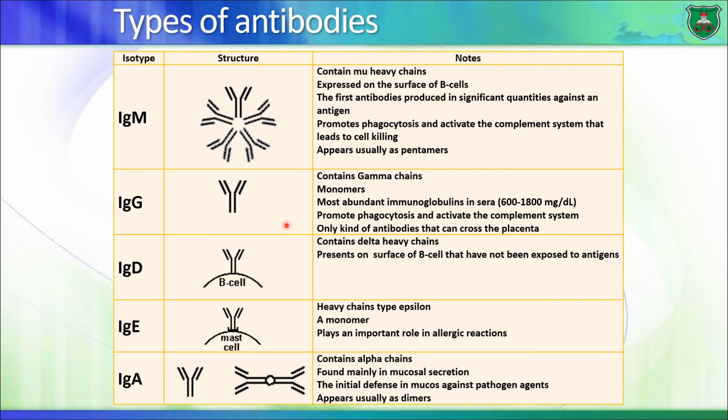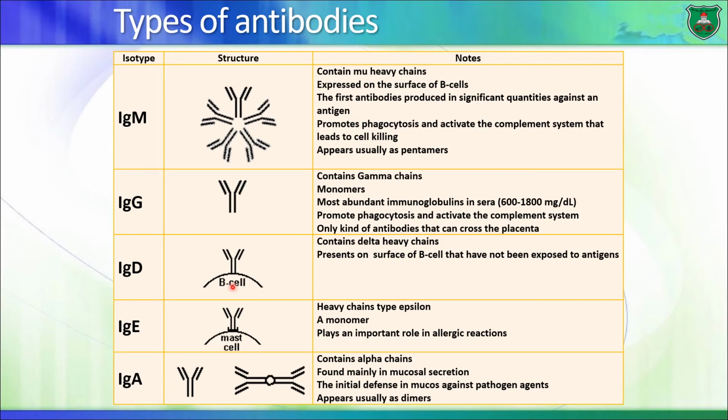Okay. Now you have something known as the IgD. IgD is always on the cell surface. Maybe I should say, by the way, that IgM is always on the cell surface. It's not secreted. Now IgD is also on the cell surface, and it's not secreted.